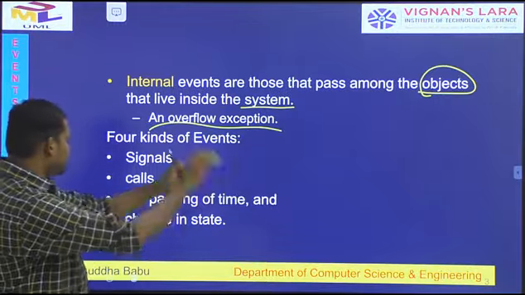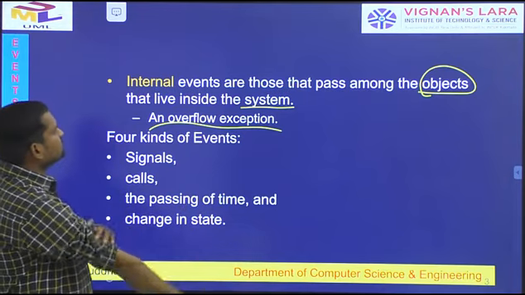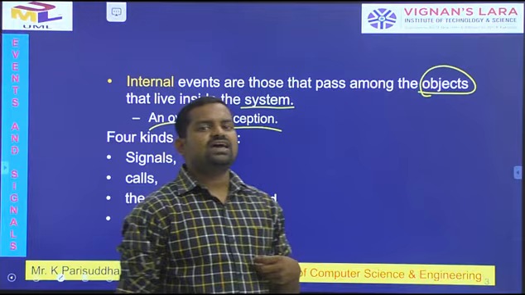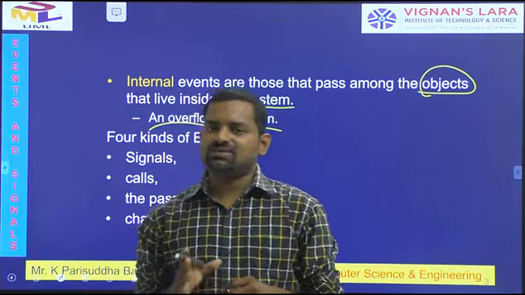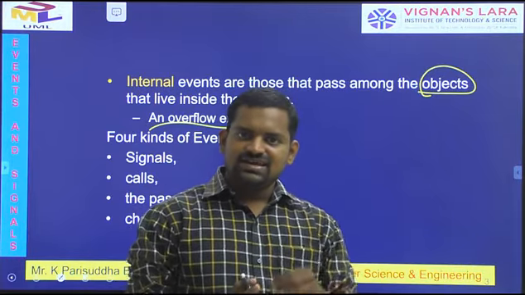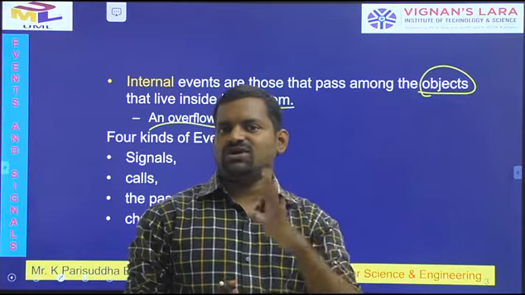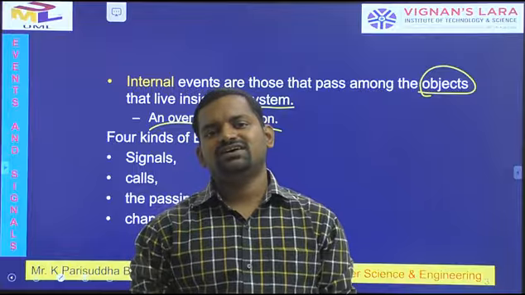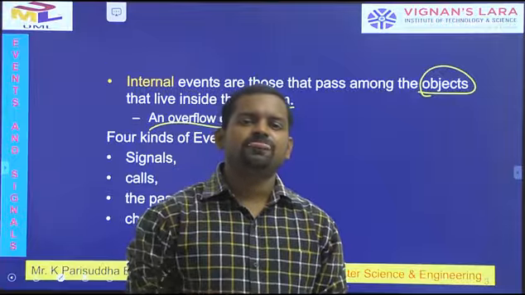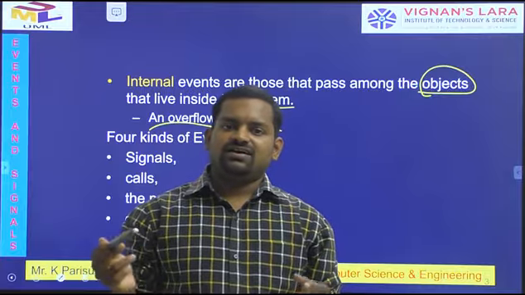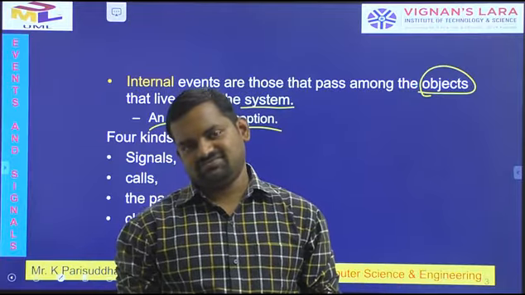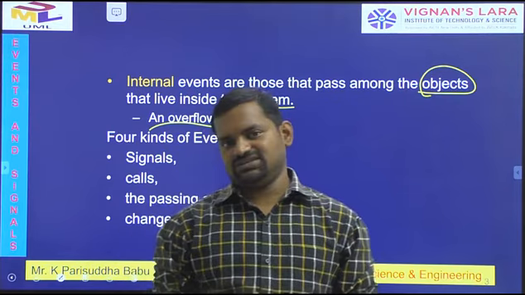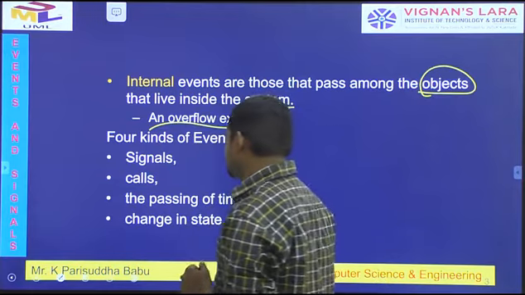An event can be specified and will cause the state transition from one state to another state. So events are of two kinds: external events and internal events. External events occur between the user and the system, whereas internal events occur between the objects inside the system.